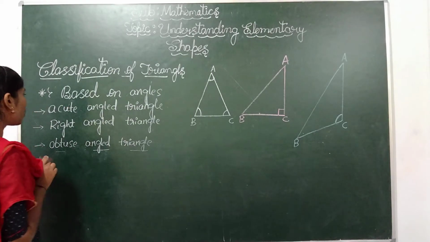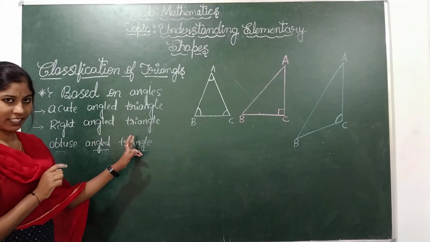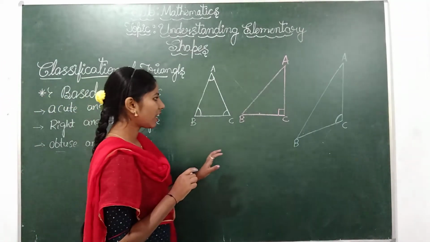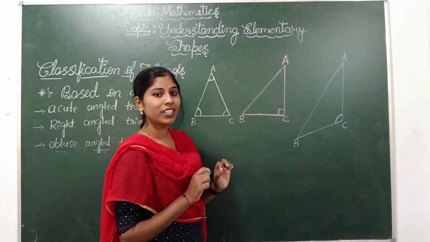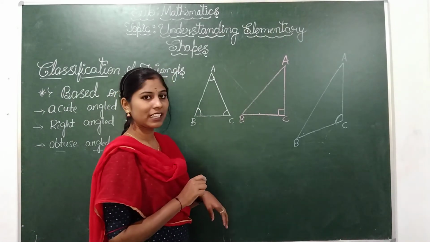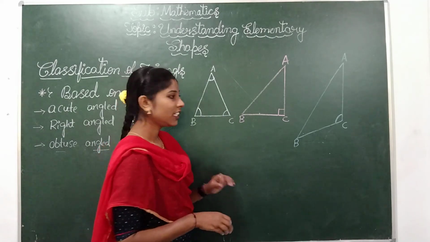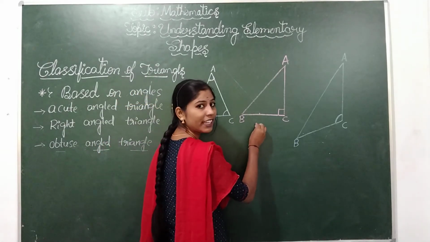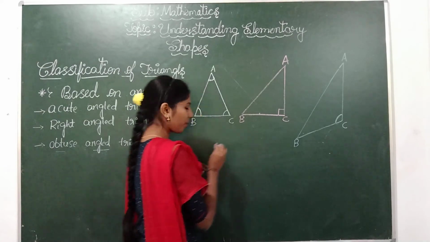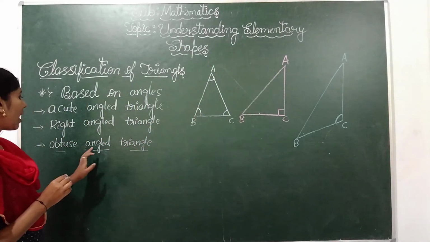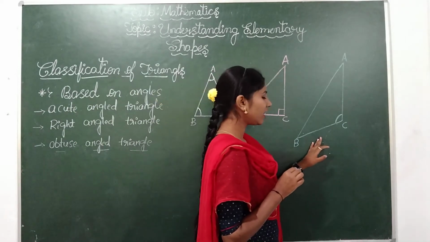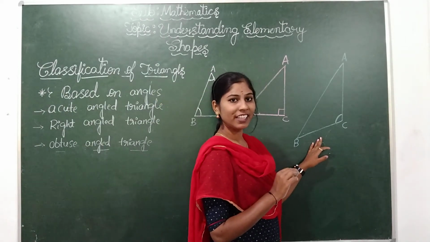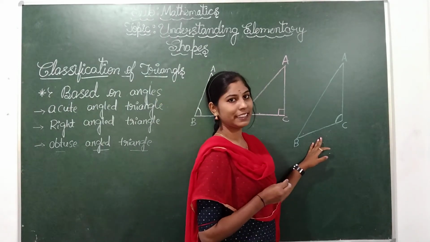The next one is, what is a right angled triangle? In a right angled triangle, any one angle is 90 degrees. In the triangle, any one of the angles is exactly 90 degrees. This is called a right angled triangle. And what is an obtuse angled triangle? In an obtuse angled triangle, any one angle is more than 90 degrees.